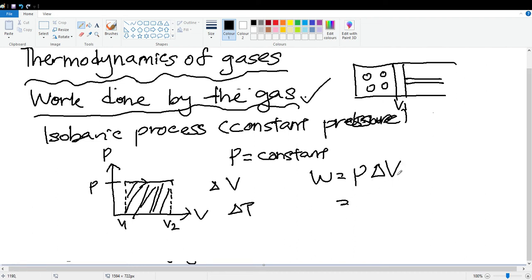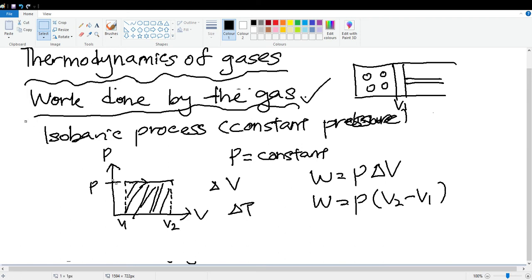So what will be our change in volume? The change in volume is V2 minus V1. So this is the work done by the gas at constant pressure. Alright, so this is the second one.